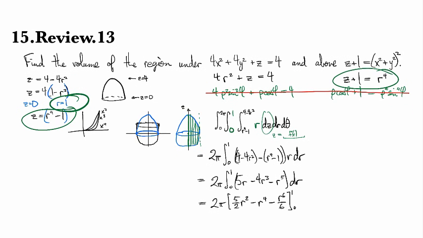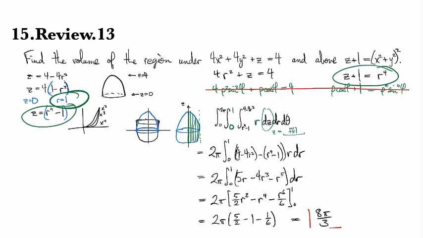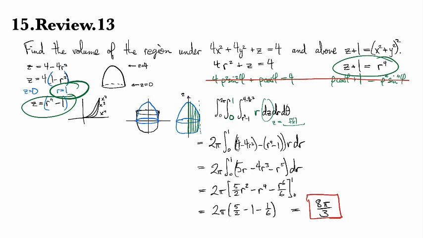The r's are all just replaced with 1s, and each of these functions vanishes at 0. So we have 2 pi times 5 halves minus 1 minus 1/6. And collecting all that together, we get 8 pi over 3, if I did the arithmetic right. Oops. And there's our answer.